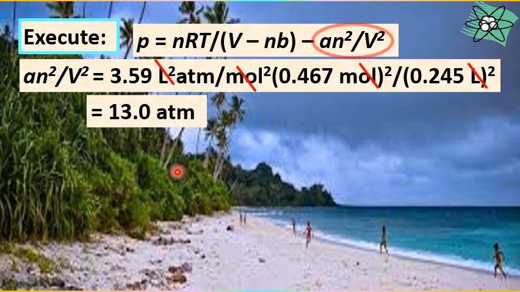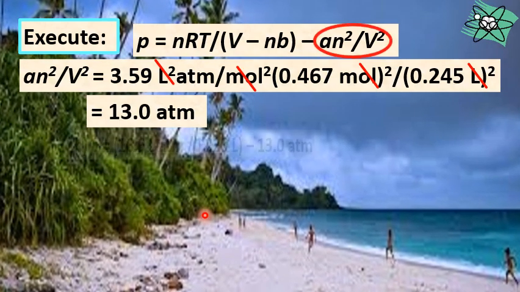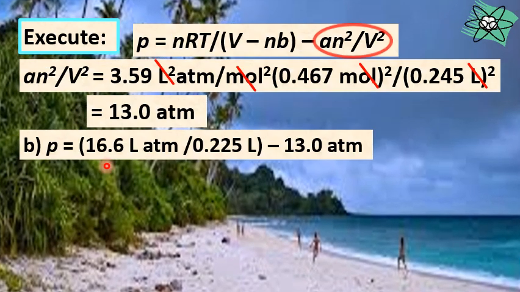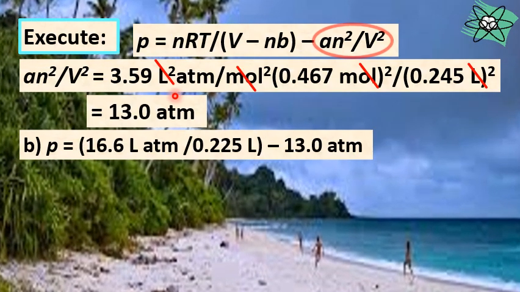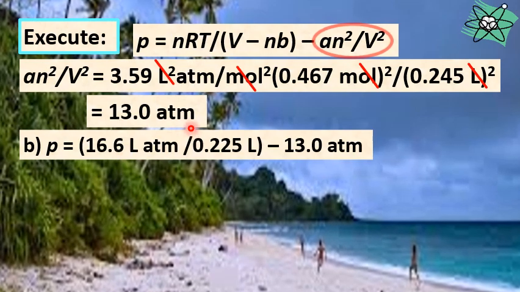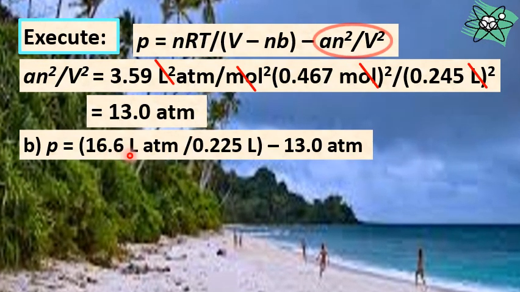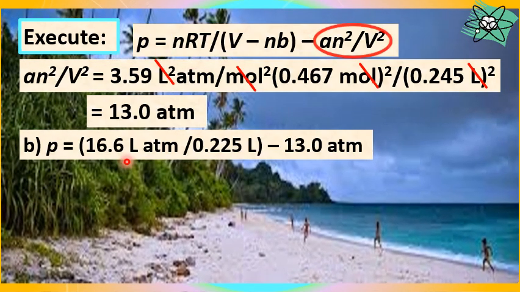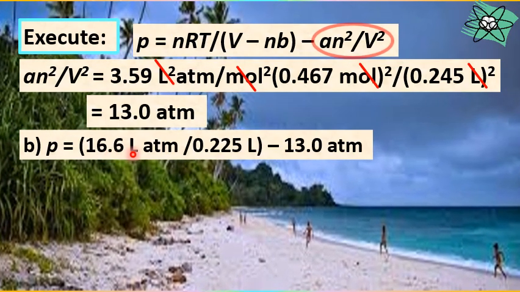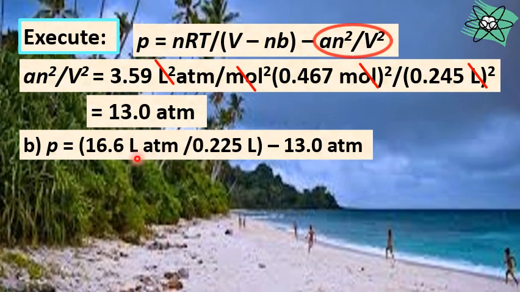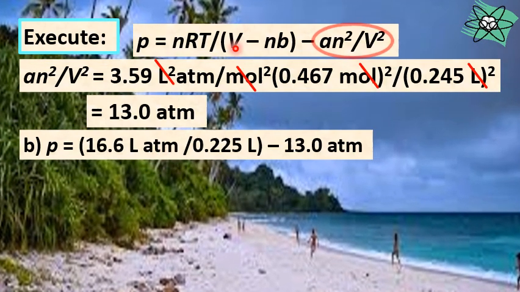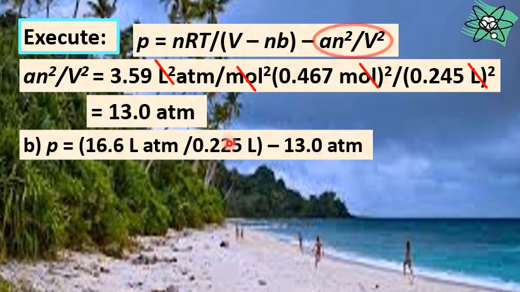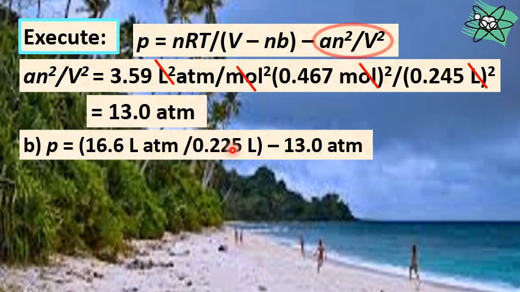So this brings us now to our final computation for the pressure P. Since we already got earlier the value for the term nRT, which is 16.6 liter atmosphere, we just divide that by the term V minus nb, which we also have obtained earlier.